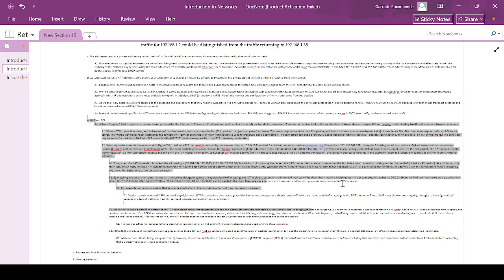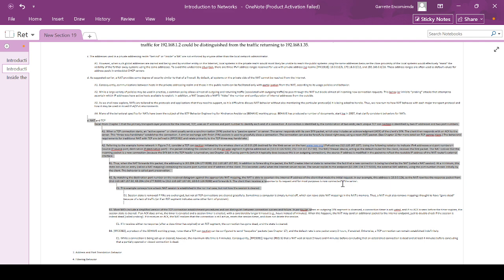Using the following notation to indicate IPv4 addresses and port numbers: source IP colon source port semicolon destination IP colon destination port. The packet initiating the connection on the private segment might be addressed as 10.0.0.126:9200; then 212.110.167.157:80. The NAT or firewall device acting as the default router for the client receives the first packet.